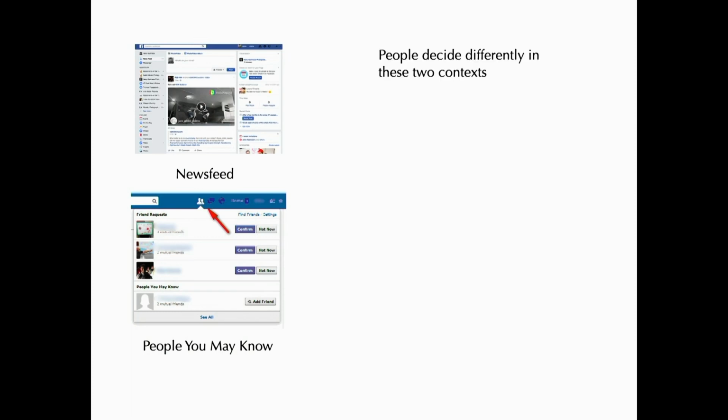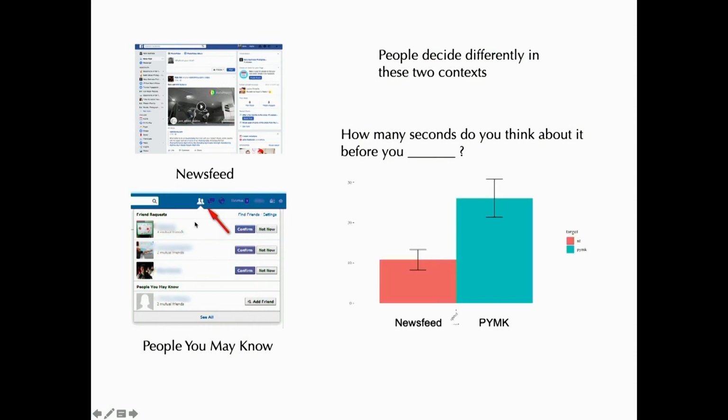We did a bunch of surveys, and what you find is, in essence, if you ask how many seconds you think about it before you click, hover, linger, accept a friend request, and so on, as you might imagine, interacting with posts is automatic, while accepting a friend request is something you spend quite a bit more time thinking about. So same company, you see big differences in the context of choice between newsfeed and people you may know.